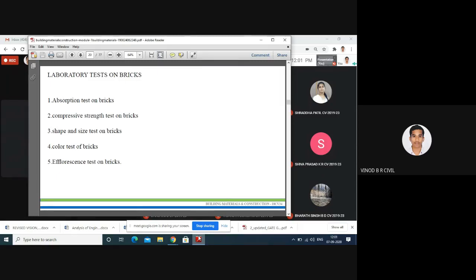And the efflorescence test. During the curing time, you can expect white patches because of salt content, salt water or borewell water. If you use these kinds of water for curing, you can expect white patches on your bricks. Not only that, there is the mixing proportion of mortar, that is cement and fine aggregate.